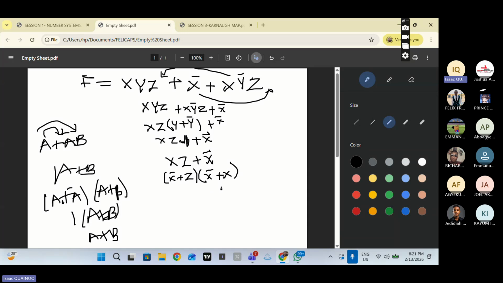Which is 1, times your x bar plus z. And you know that x bar plus z times 1 will give us our x bar plus z. So that was how we went from this place right to this place right here.